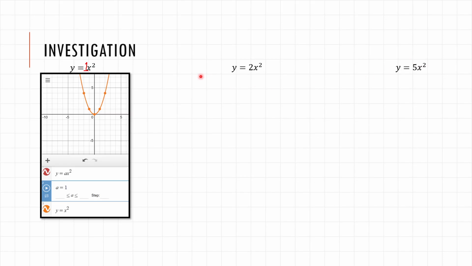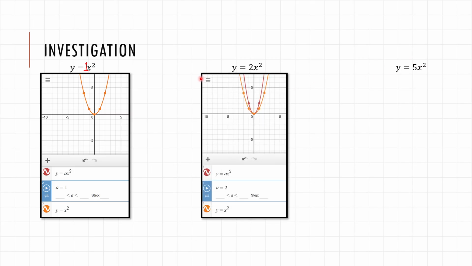Okay, let's take that up. So here we can see the graph of y equals 2x squared. So the value of a here is 2. And this is the red graph here. The graph y equals x squared is still here in orange, but 2x squared is here in red.